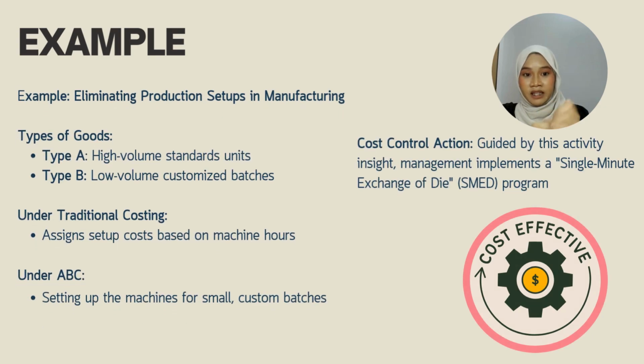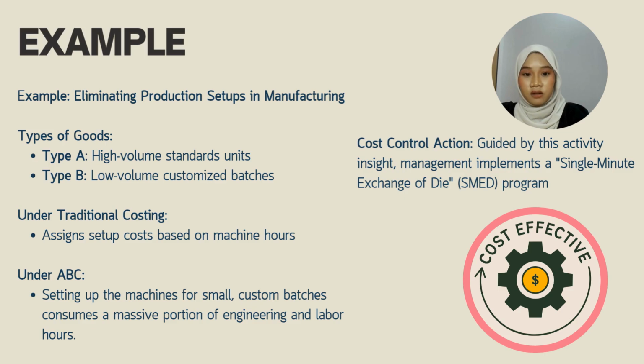For example, eliminating production setups in manufacturing. A manufacturing company produces two types of goods, which are high volume standard units and low volume customized batches. Traditional costing assigns setup costs based on machine hours, making the high volume product appear artificially expensive, whereas ABC reveals that setting up the machines for small and custom batches consumes a massive portion of engineering and labor hours.